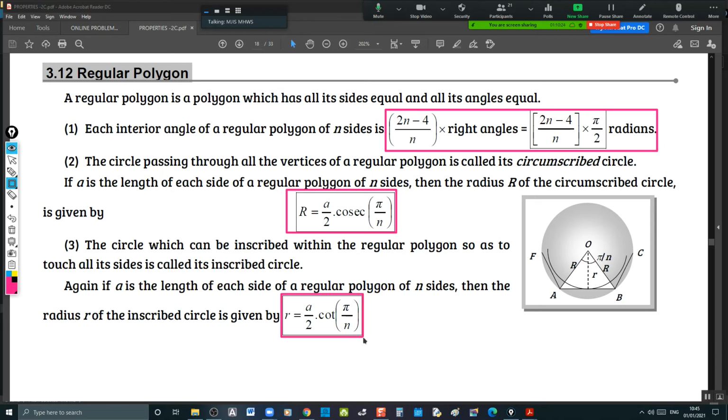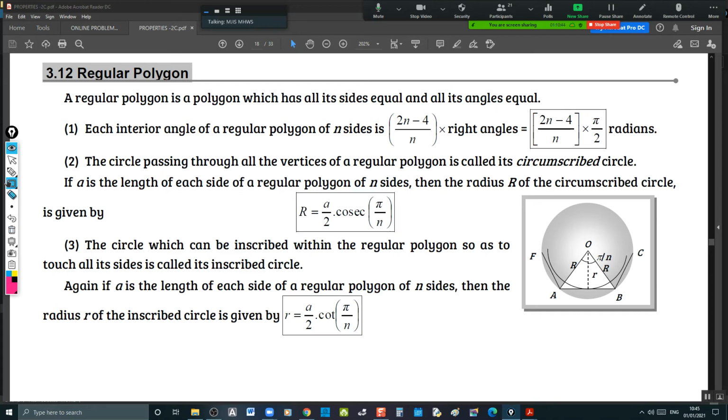Length of each side of a regular polygon. The inradius r is equal to a by 2 cot of pi by n, where a is the length of each side, and from this you can find the length of the side. So through the construction we can do all this, but this is the point to be remembered.